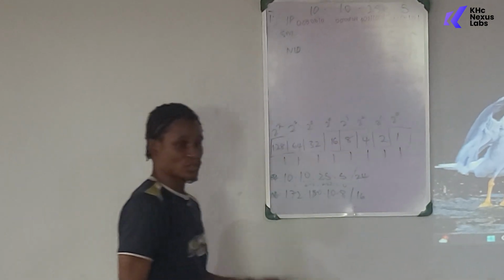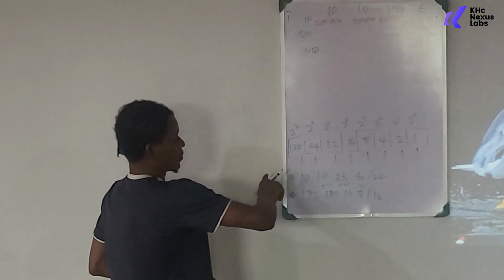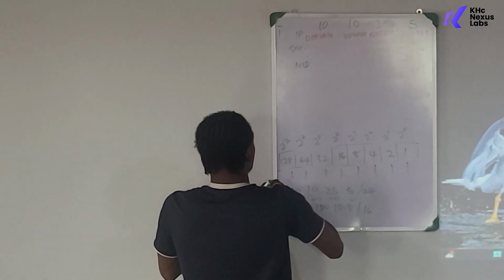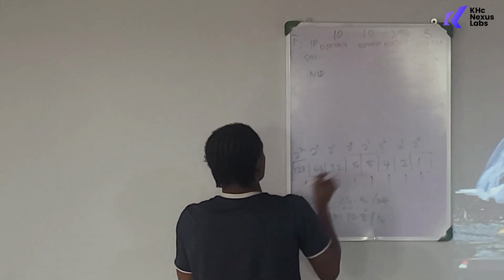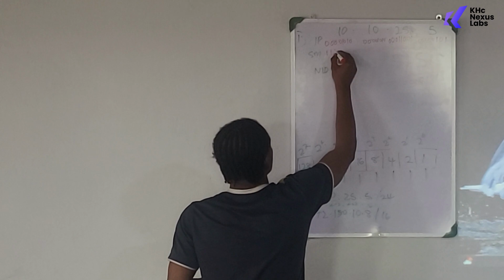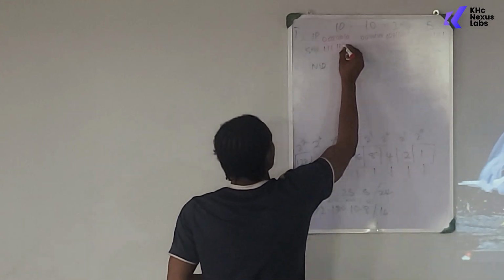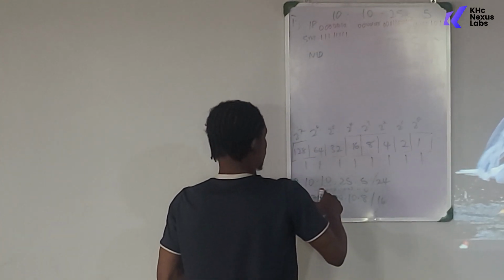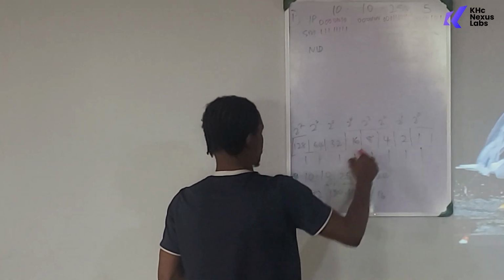You see? So to get to 255, we have complete ones in our 8 bits. Remember, this is 255, 255, 255. The last one is 0.